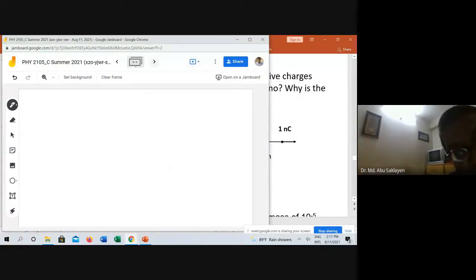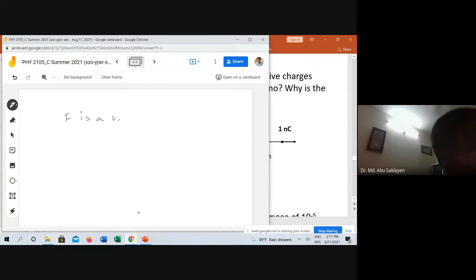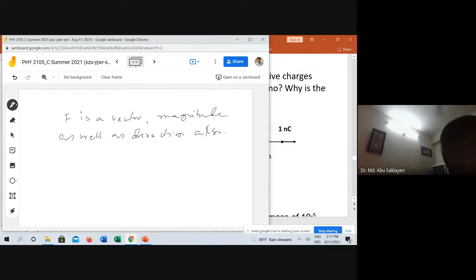Force is a vector, so you must find the magnitude as well as the direction also.